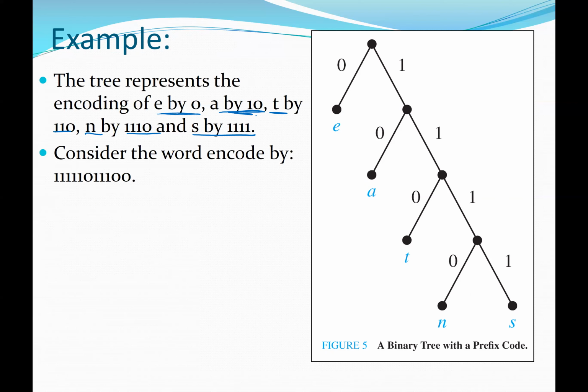For example, suppose we have this code, right? 1111011100. And then you look at all the ideas here and you can see, okay, so E is equal to 0, A equal to 10, and T equal to 110, and then N is equal to 1110, and then S equal to 1111.